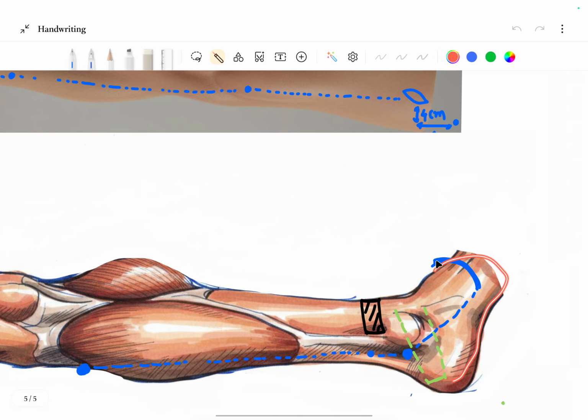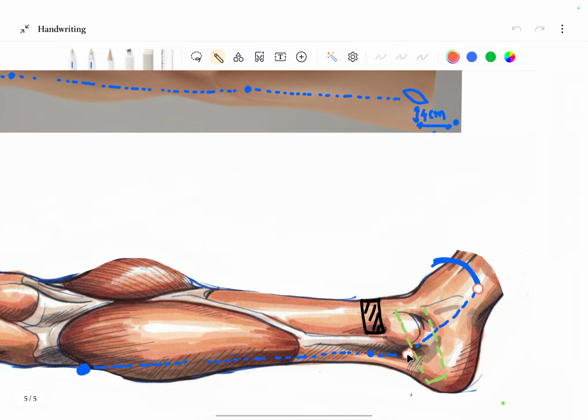At the lateral side, this is your lateral malleolus. At the base of the metatarsal there is your dorsal venous arch. From the lateral point of the dorsal venous arch, this will be your first point for the small saphenous vein. Then, behind the lateral malleolus, this will be your second point for the small saphenous vein.